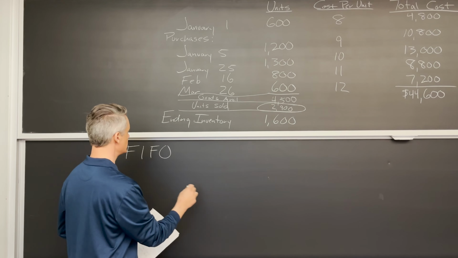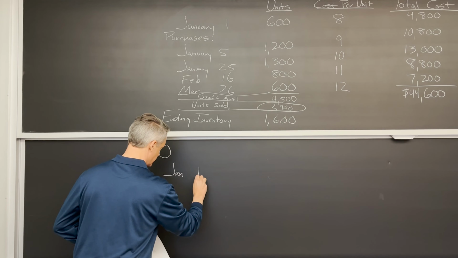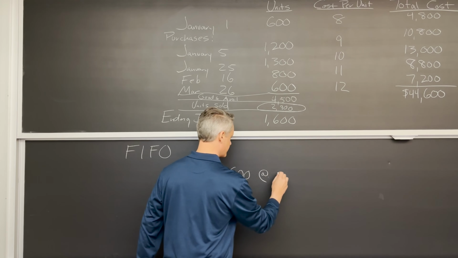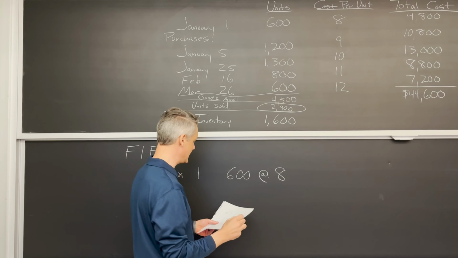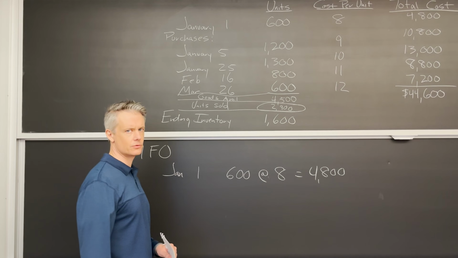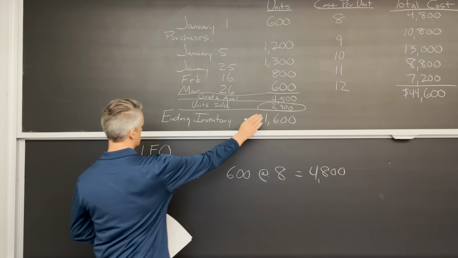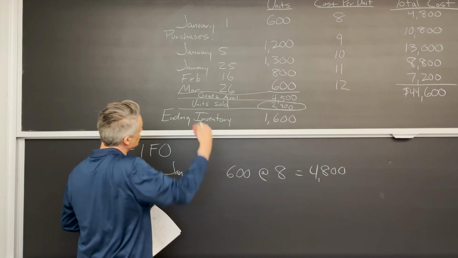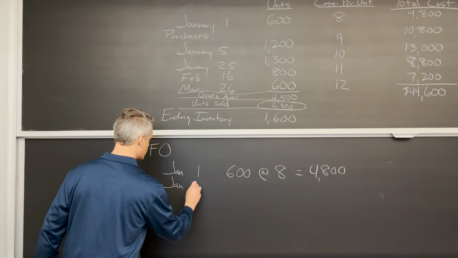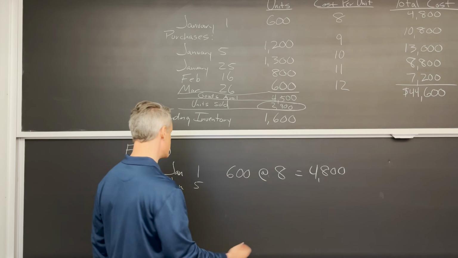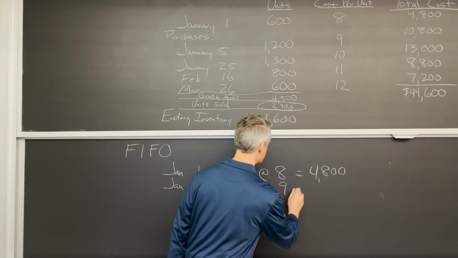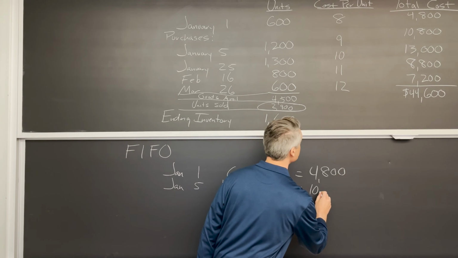That's 600 units at $8 a piece, $4,800. Since we sold 2,900 units, we'll move on to the next oldest layer, which is from January 5th. We will assume we sell all of these that we purchased for $9, and that was $10,800.